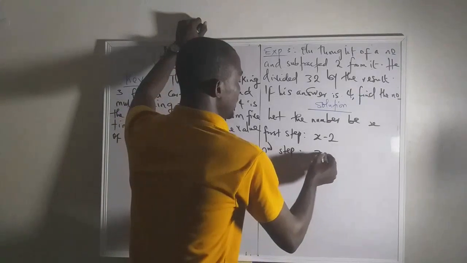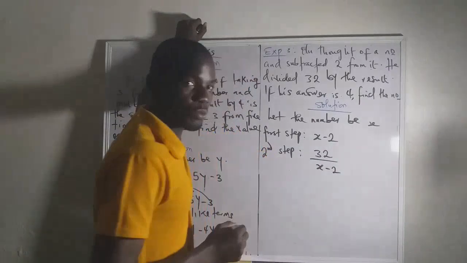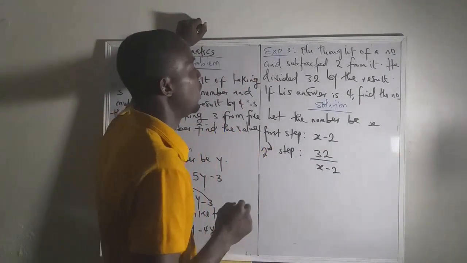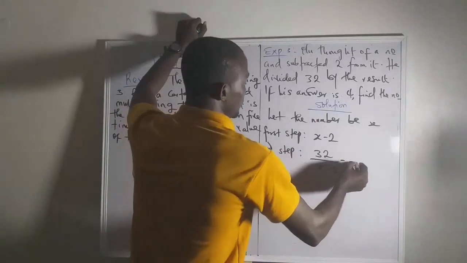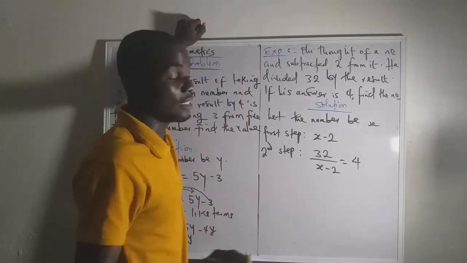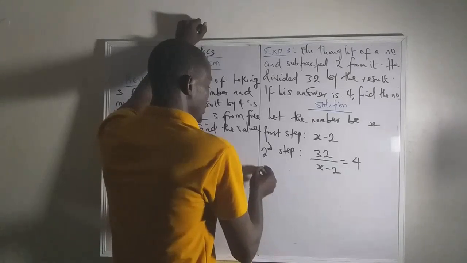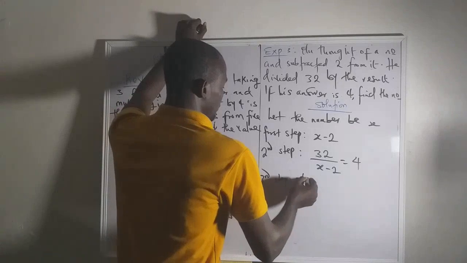So he did 32 divided by x minus 2. Is that not? Now, if his answer is 4, they said the result of this is going to be 4. Find the number.